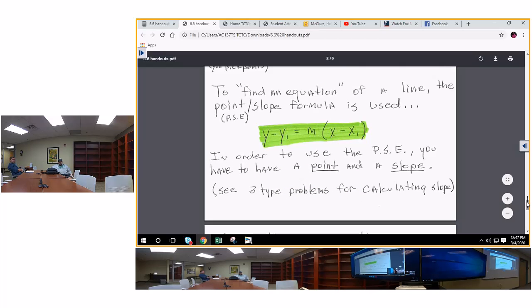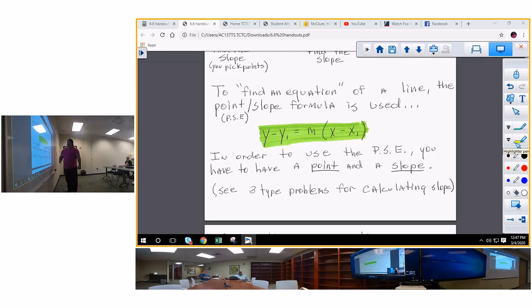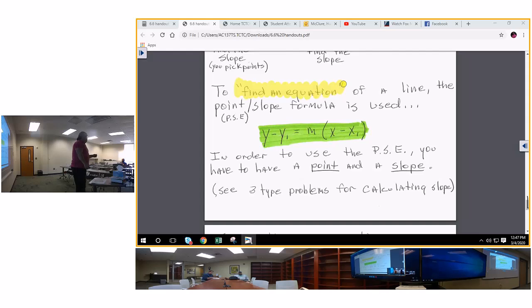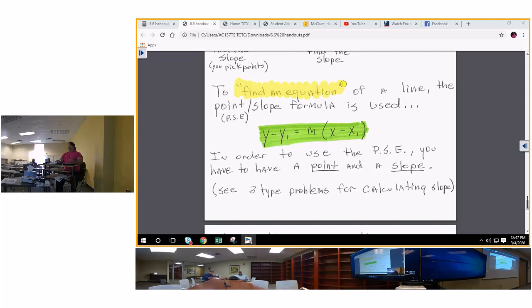Anytime you see the directions, write that down. When you see the directions, find an equation. That means that you're going to use the point-slope equation, PSE. Write down the point-slope equation.